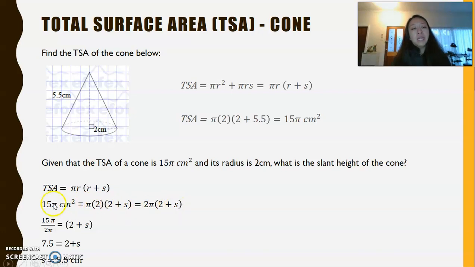Then if I compare the left hand side with the right hand side and cross multiply, it's 15 pi divided by 2 pi equals 2 plus s. 15 pi over 2 pi simplifies to 7.5 equals 2 plus s, and therefore my slant height will be 5.5 centimeters, which is over here.